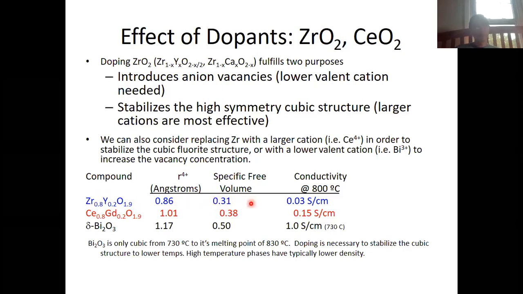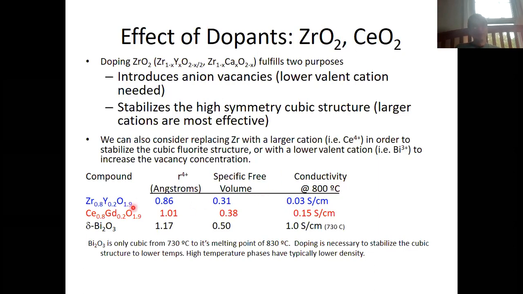Okay, so that means 31% of the space within the structure is not occupied by an anion. And that leads to a conductivity of 0.03 Siemens per centimeter at 800 degrees Celsius. Remember, again, you can achieve anion conductivity only at quite high temperatures.